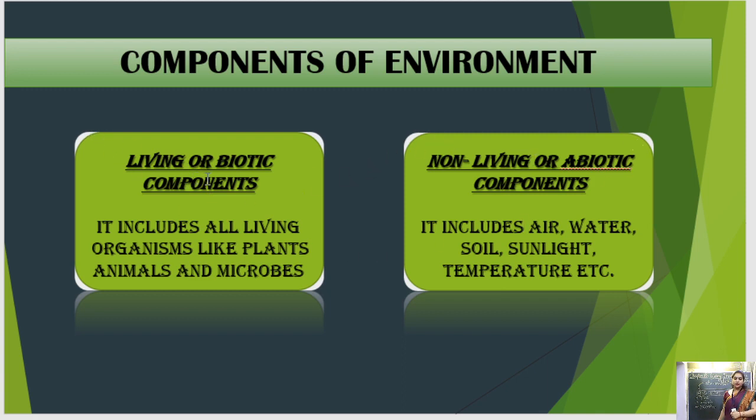Living or biotic component includes plants, animals and microbes. Non-living or abiotic component includes air, water, soil, sunlight, temperature and other non-living things. So these are the two components of environment.